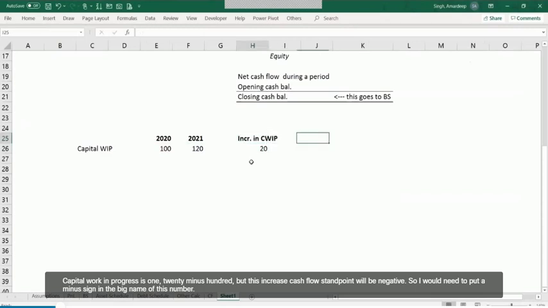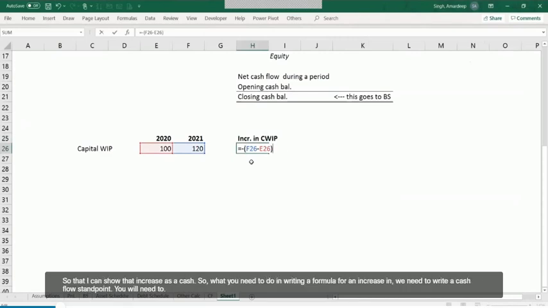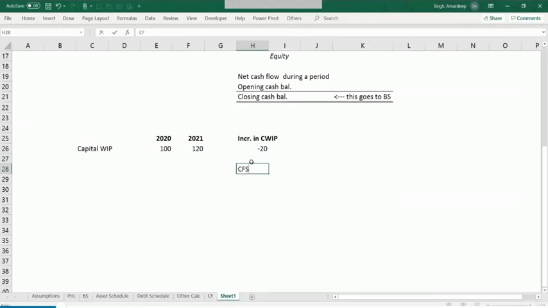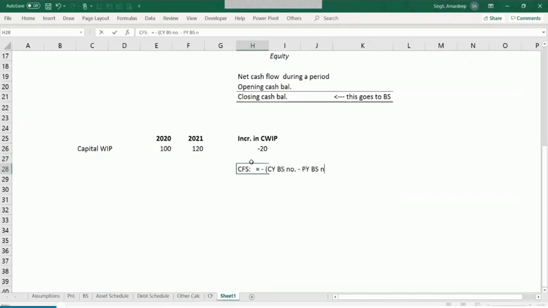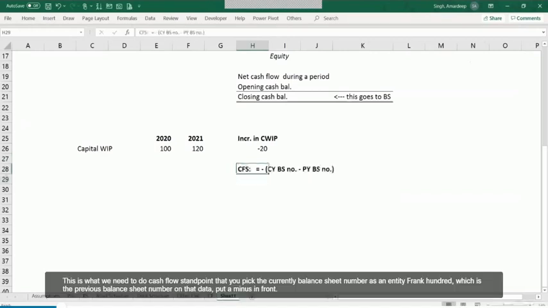So I would need to put a minus sign in the beginning of this number so that I can show that increase as a cash outflow. So when writing a formula for an increase in CWIP from a cash flow standpoint, you will need to write equal to minus the current year number minus previous year balance sheet number. This is what we need to do from a cash flow standpoint.